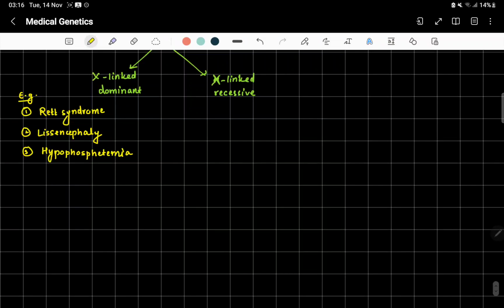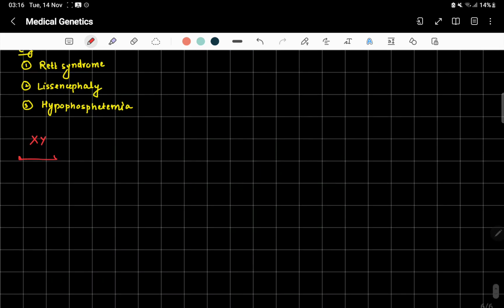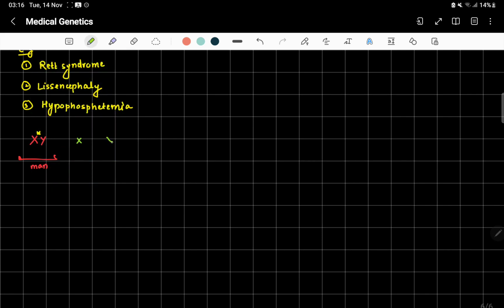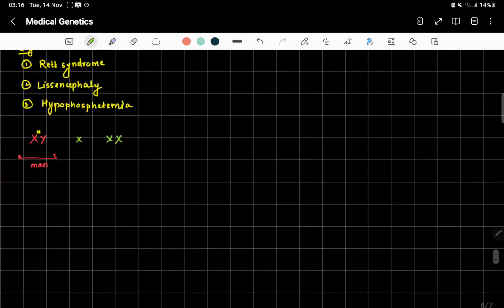Now consider an affected male with the X-linked dominant trait. The male will have an X chromosome and a Y chromosome, XY, and the problem is here, so I'm marking it with an asterisk. Let the female be normal, XX.